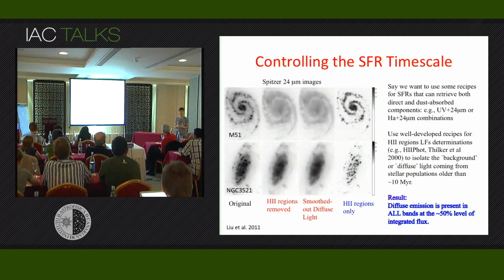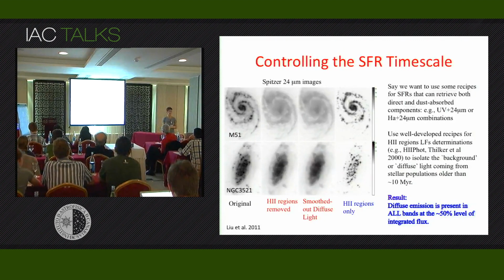So you end up with a relatively smooth distribution of emission, which, however, has some mottles, some little holes. So you can actually smooth over, and the program allows you to do that. And then you can take the first image and subtract from it the third image, and you end up with a map of HII regions.